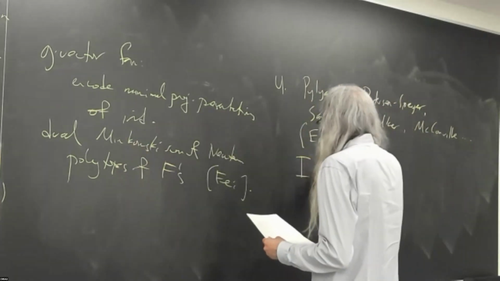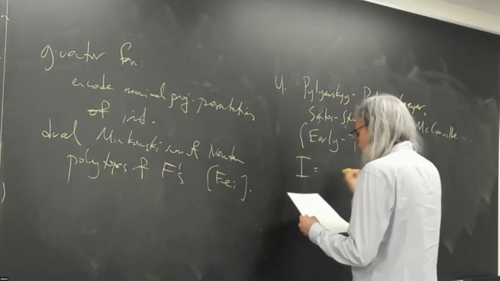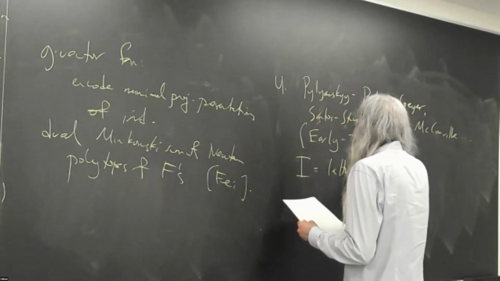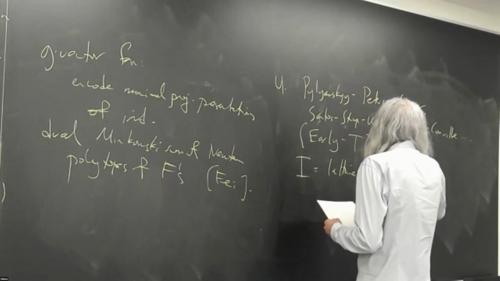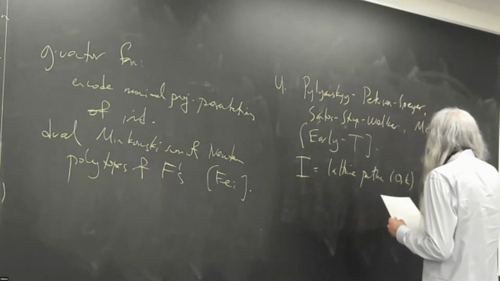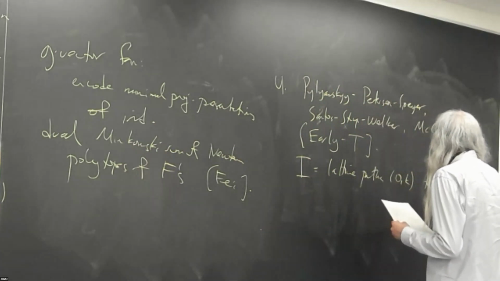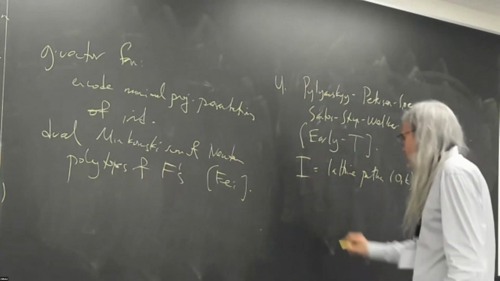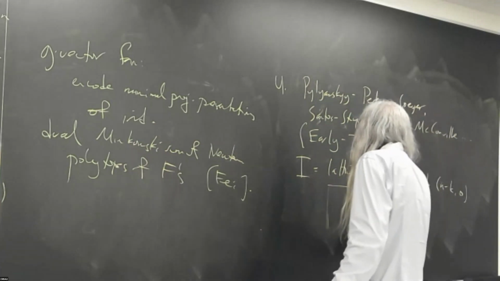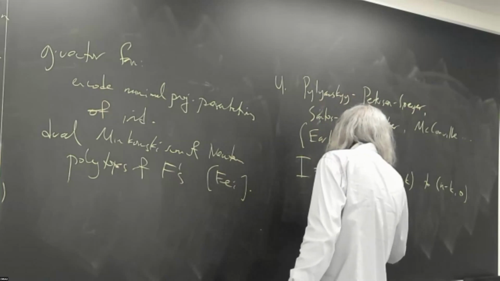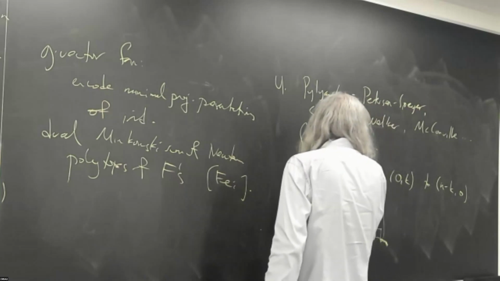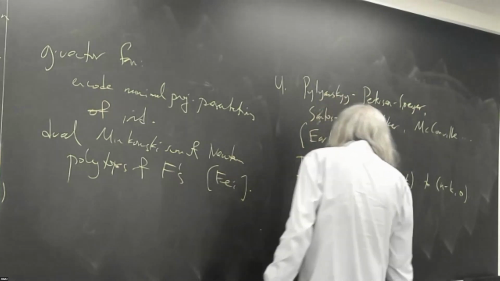The setting here, the indexing set, is going to be lattice paths from (0, k) to (n minus k, 0). These are just lattice paths going like that, starting over here, ending up over there.